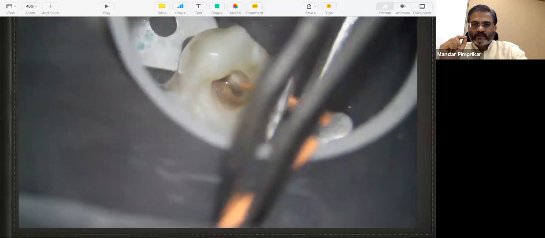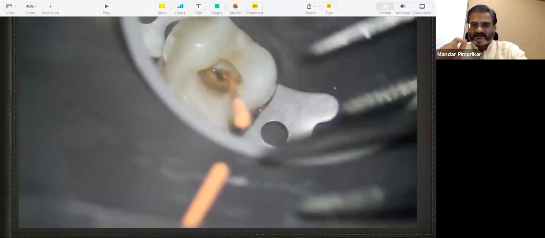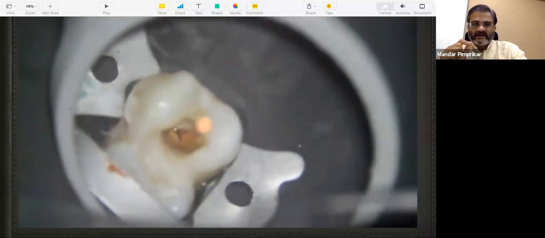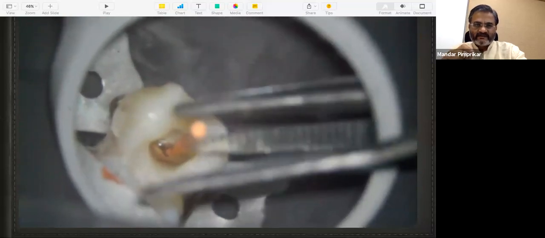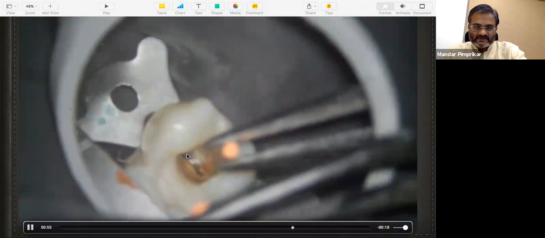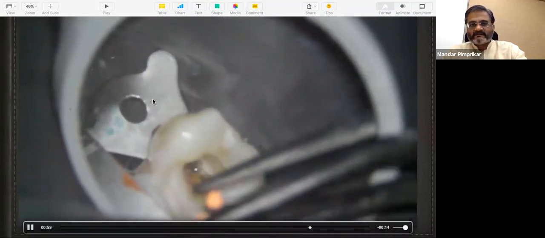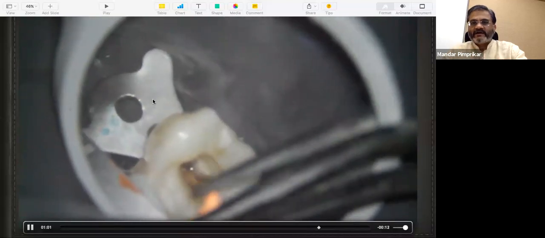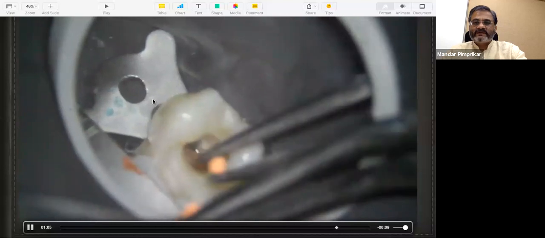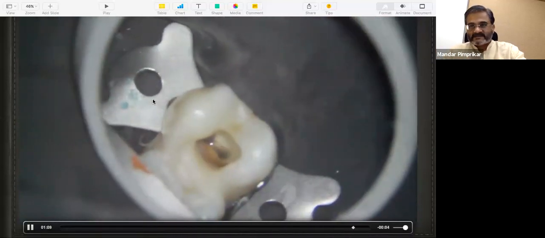And you should be doing short vertical strokes of short amplitude. The idea behind this is that when you activate the GP, you can see the solution moving in the isthmus area. This is pushing irrigant into the irregular spaces. And with this, you will be able to get rid of the apical vapor lock to some extent.